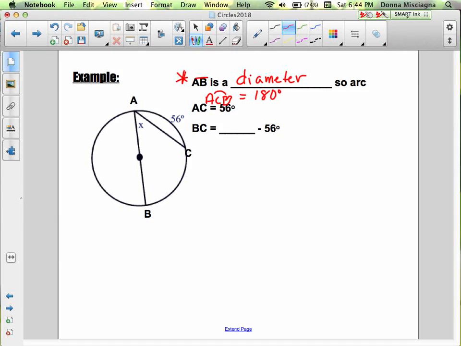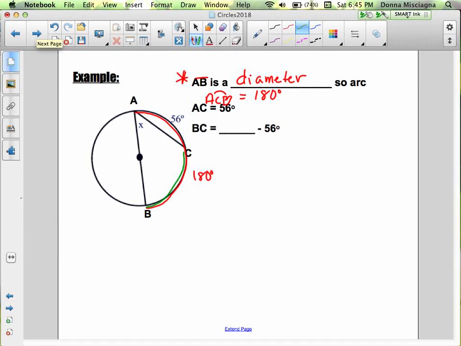Because we know that a diameter divides our circle in half, and then we have a semicircle. So this whole distance here is 180 degrees.